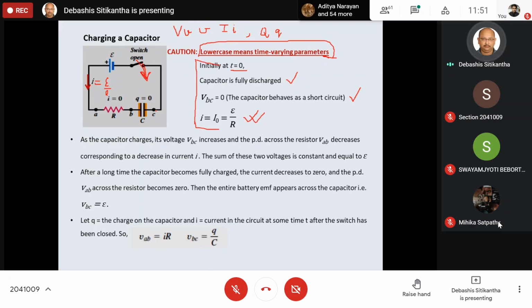But at the same time, there will be repulsion of negative electrons on the negative terminal of the capacitor. Therefore, the current will start decreasing. So this is how three things are changing simultaneously when I connect the RC circuit across this voltage source.